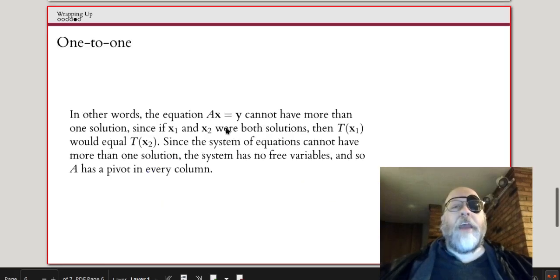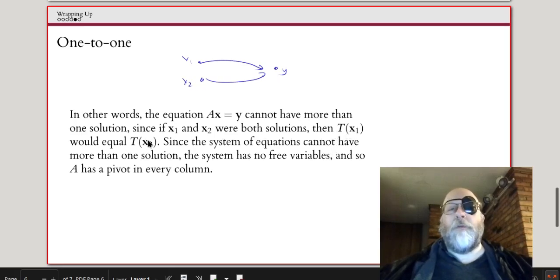Another way of saying that is that if I look at a vector in the output, it cannot have two inputs that get to it. It cannot have two solutions. Because if x1 was a solution and x2 was also a solution, then T of x1 would equal T of x2. And so the system of equations cannot have more than one solution, so the system has no free variables, and so A has a pivot in every column.